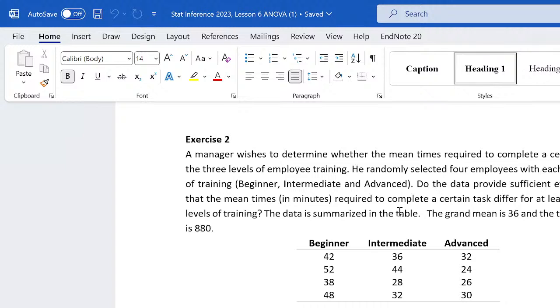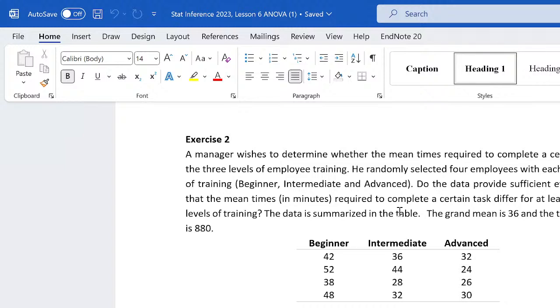All right, now giving you a little information here, the grand mean is 36, and the total sum of squares, your SS total, is 880. All right, so let's use what we've learned to simplify our work here.